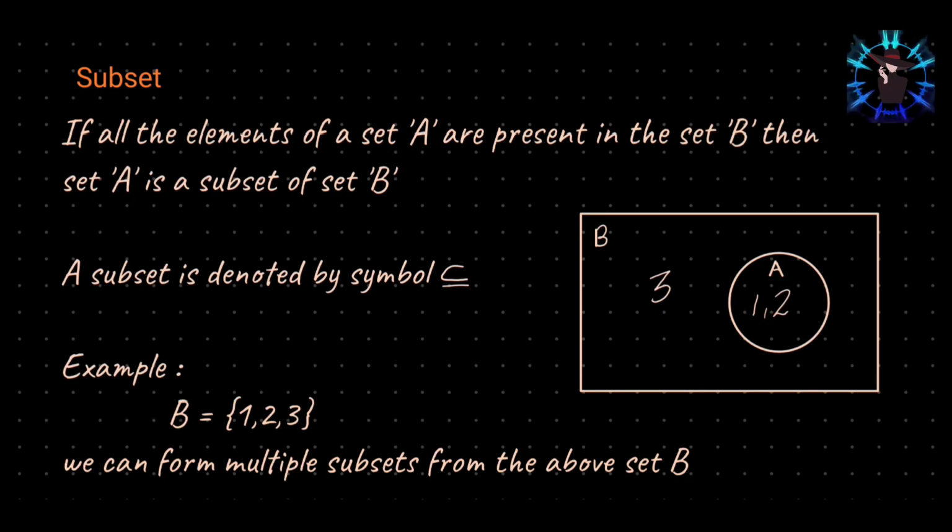So, A is a subset of B. A subset is denoted by this symbol, a C with a line below it.